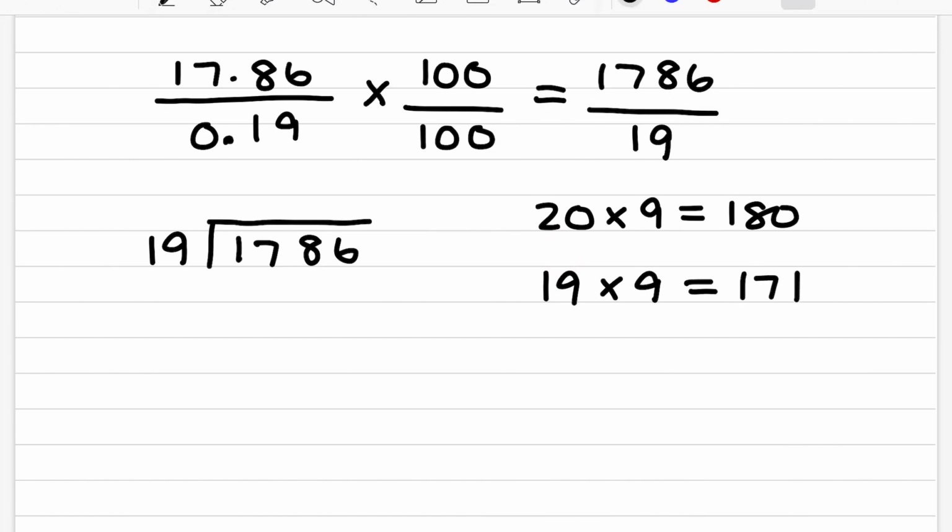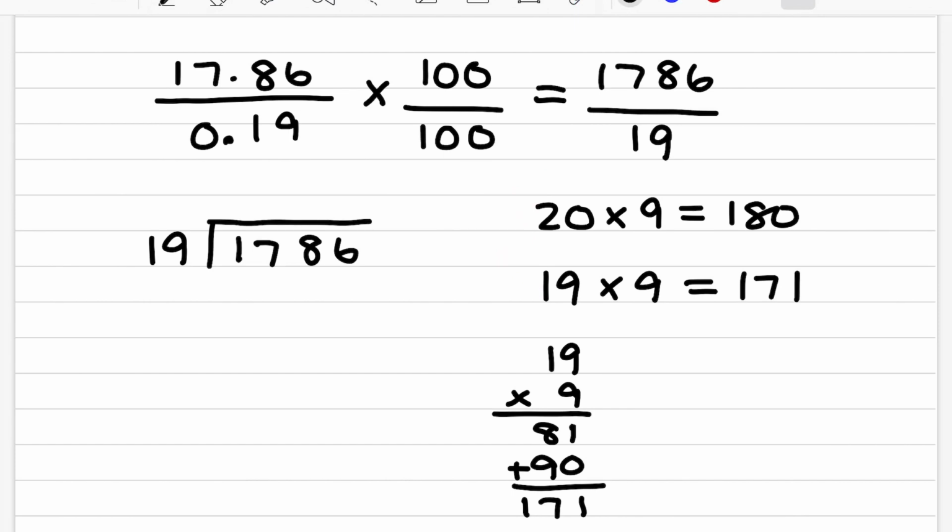If that estimation doesn't make sense, you can just do some guess and check on the side. 19 times 9, like we did before, 9 times 9 is 81, and 9 times 10 is 90. That gives us 1 in this column, and 8 plus 9 is 17, still 171. I just like to use this estimation form because I find it a little bit quicker.